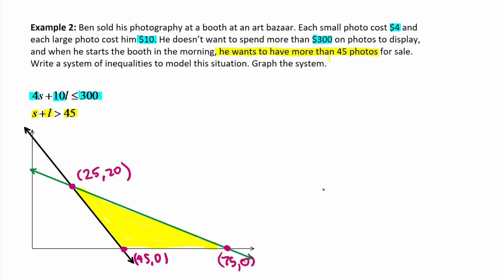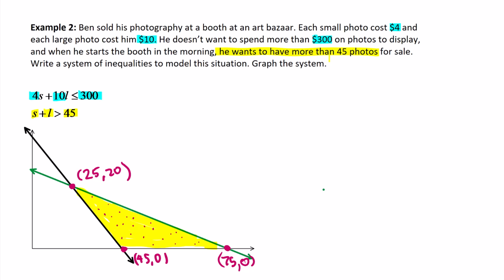This means that any combination of photographs that is within the shaded region will generate an inventory greater than 45 photographs, and the cost to set up Ben's booth will be less than or equal to $300. So any coordinate point within these parameters will provide that situation.